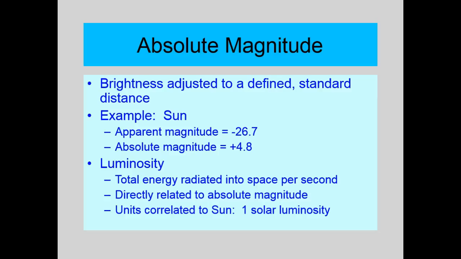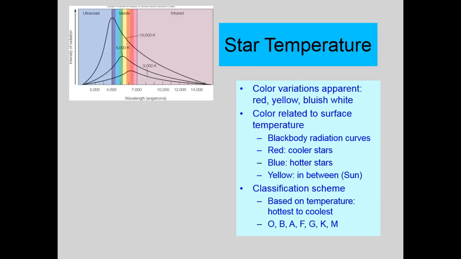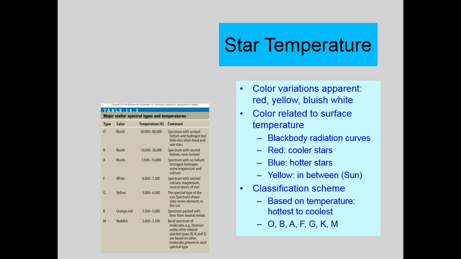Now we've hit star temperature, which was this slide, and your black body radiation curves. Okay. Here is a table, the greenish table on page 360 in your text, table 14.2.